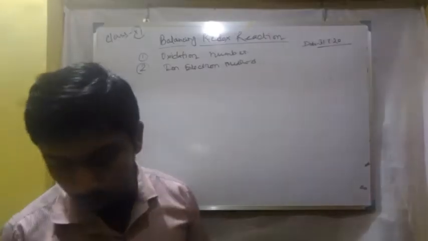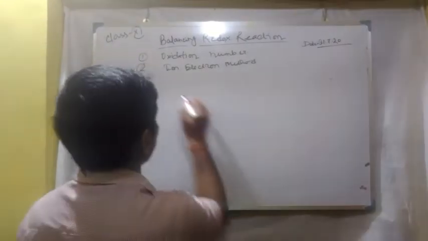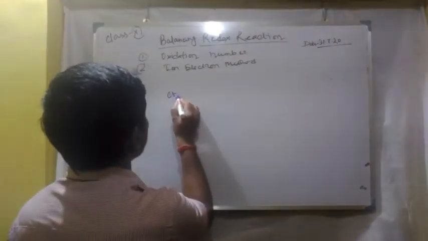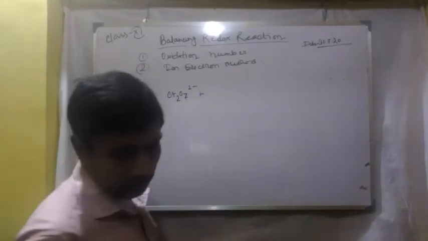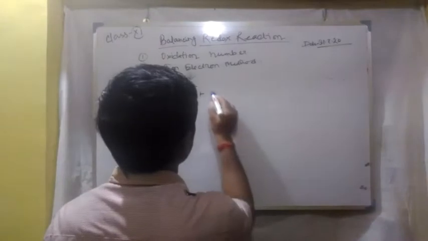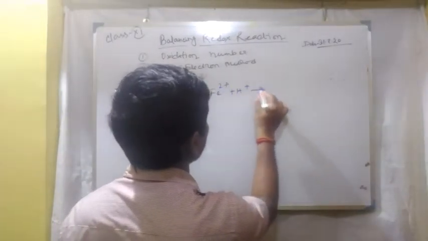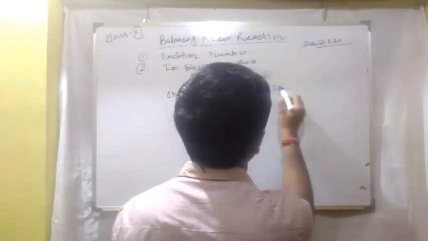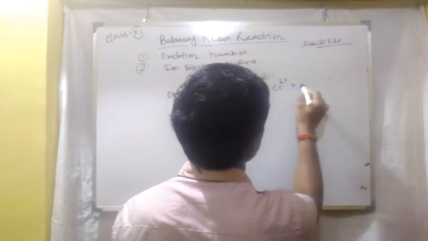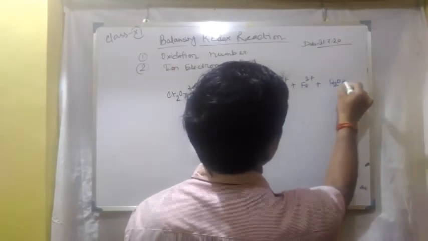Okay, so let us follow one example, that is of dichromate, Cr2O7 2 minus plus Fe2 plus plus H plus, forming Cr3 plus, Fe3 plus and H2O.